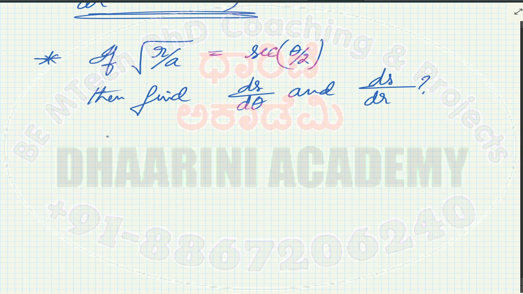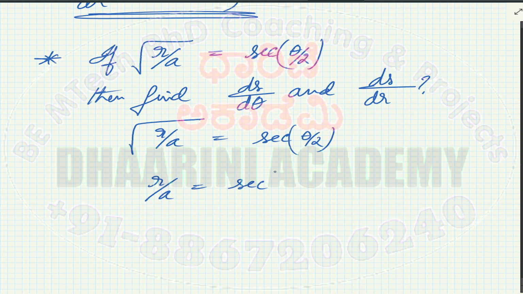Alright, what we do, we first try to square the given data. So given data is square root of r by a is equal to secant of theta by 2. So squaring gives you r by a is equal to secant square theta by 2. Okay, now you write r is equal to a into secant square theta by 2.